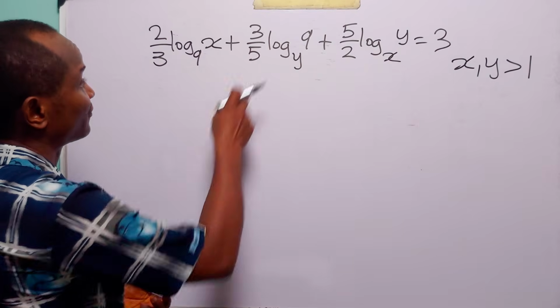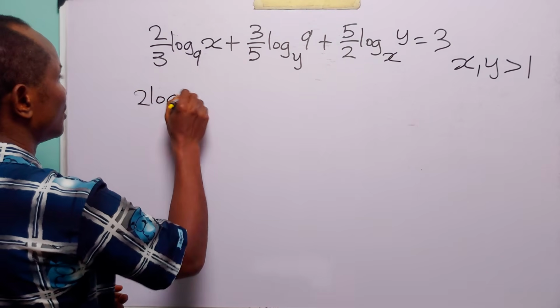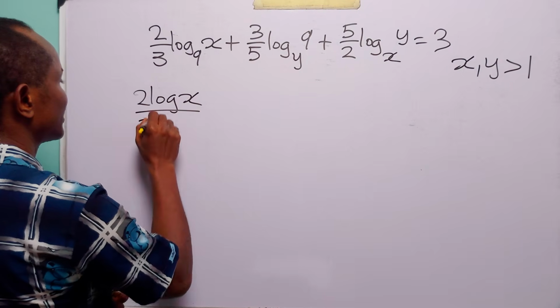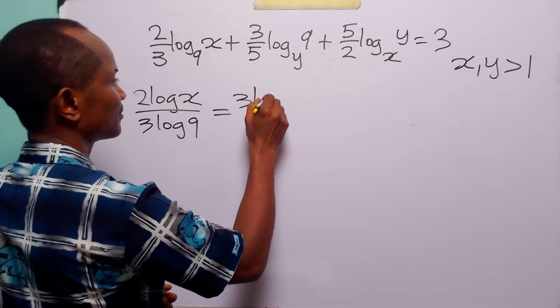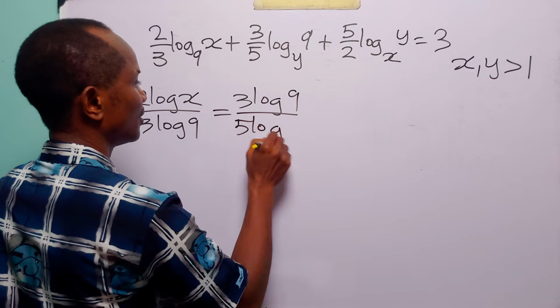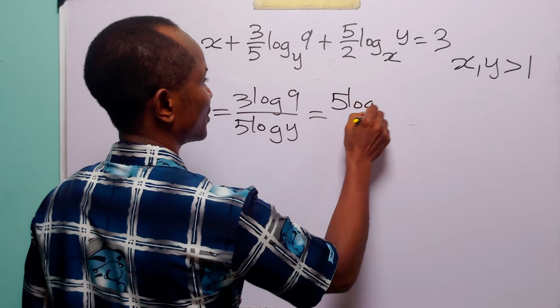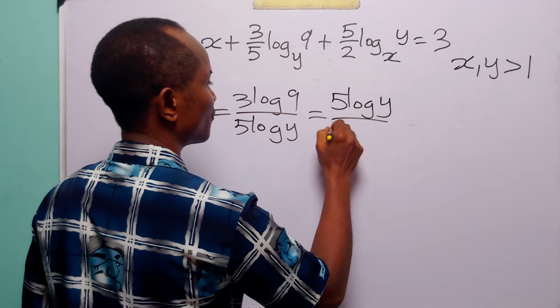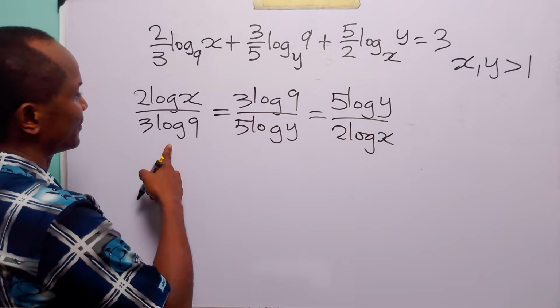So finally, we have that for this equation to be possible, then 2 log x over 3 log 9 must be equal to 3 log 9 over 5 log y, which is in turn equal to 5 log y over 2 log x. Now let us group this.